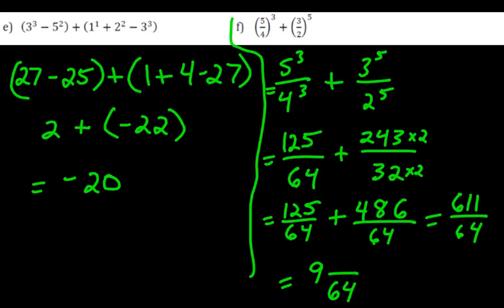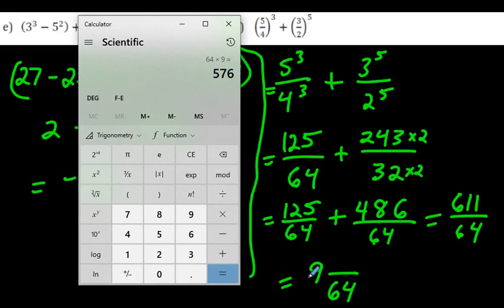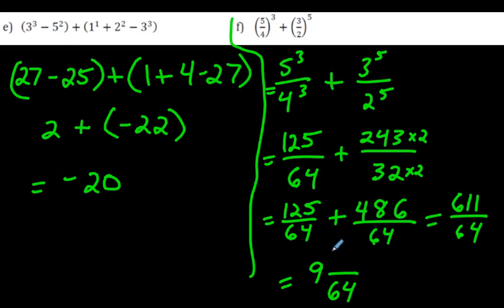How much is left over? So on top we have 611, and here we have 576. 9 times 64 is 576. So I'm going to go 611 minus 576. 611 minus 576. We get 35.